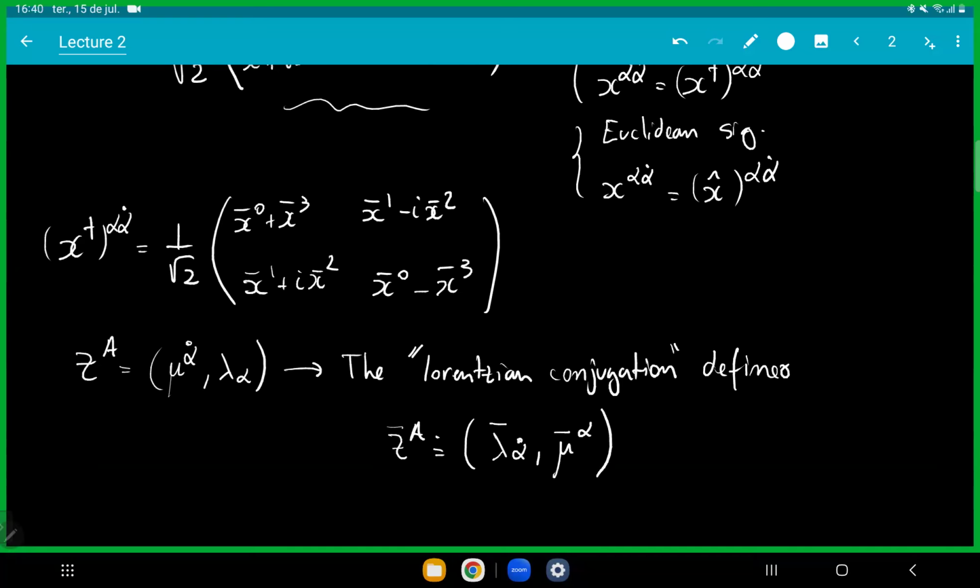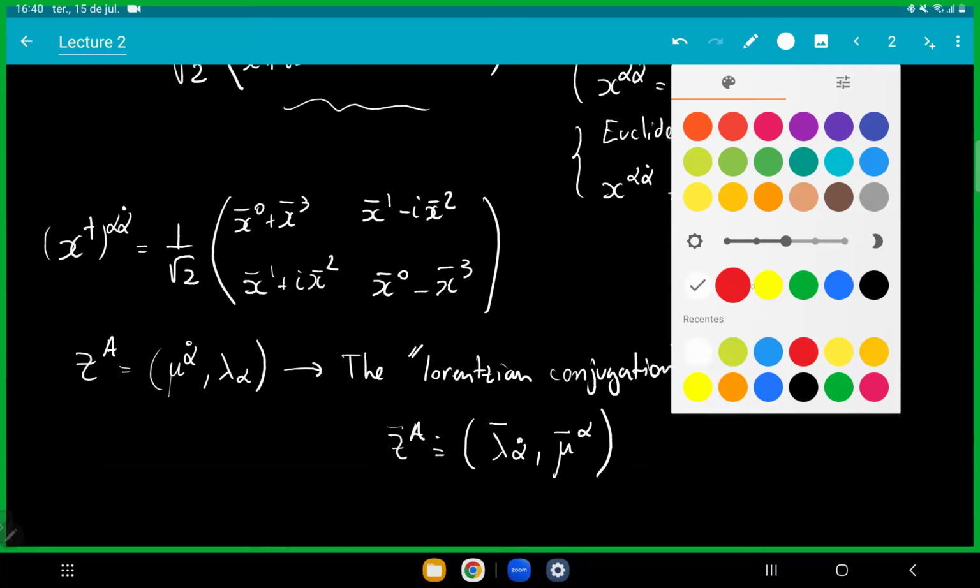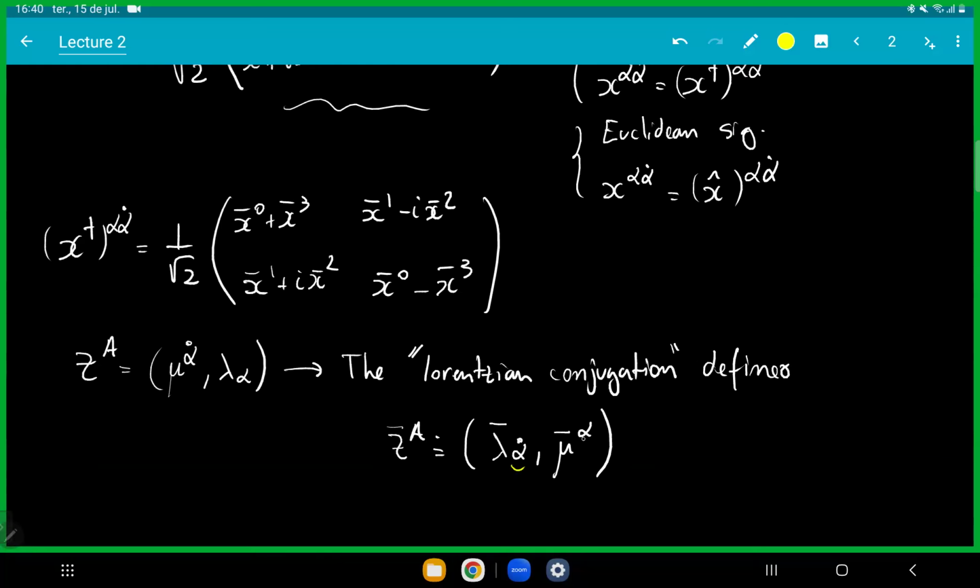You see, I exchanged both spinors in their place in the vector, and I also changed the order of the indices, which is important. A way to understand this is that I'm writing everything as row vectors, not differentiating between column and row vectors.